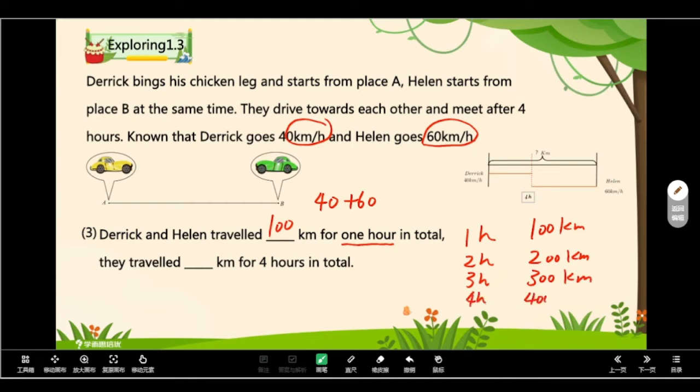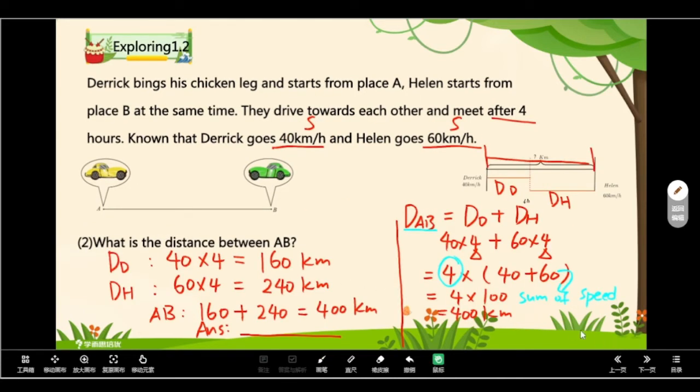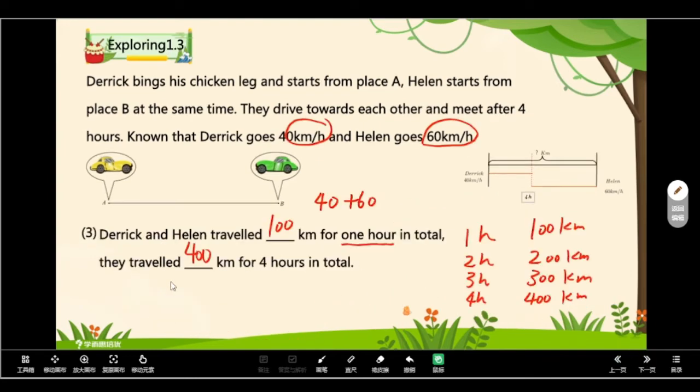Yes, 400 km. So we can know they can travel 400 km in 4 hours. Is our answer in the previous question correct? 400 km, 400 km, and also 400 km for 4 hours. Yes, so we can make our conclusion here. The sum of speed multiplied by the time is our sum of distance.